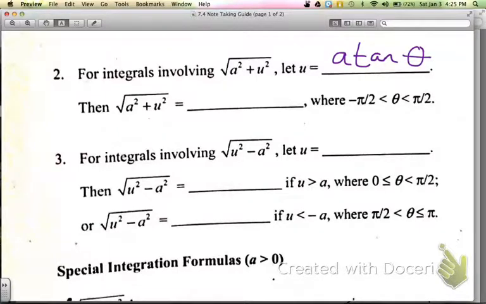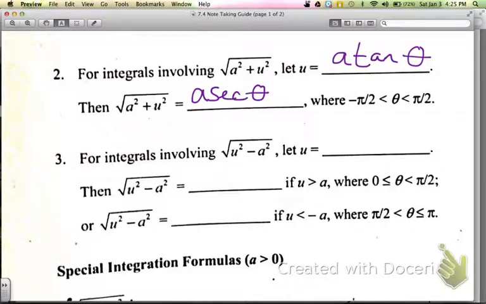And again, if you look back at that picture on 499, you'll notice that they're going to make this a squared plus u squared value the hypotenuse because it's adding the two legs together. Then we can set that up so that the square root of a squared plus u squared equals a secant theta.